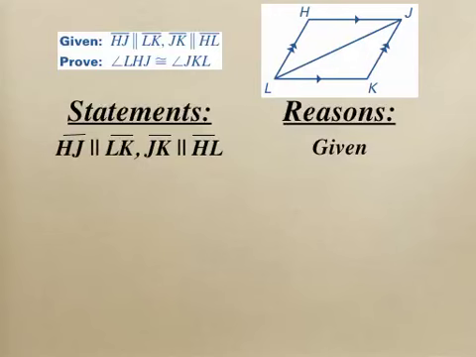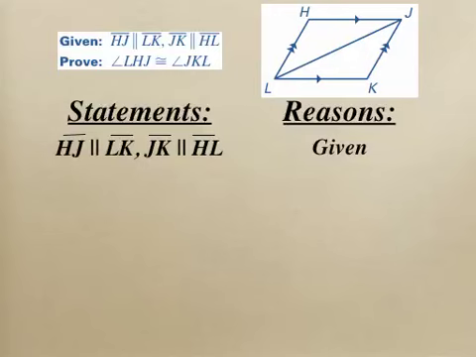That would be one thing that would pop out to us, hopefully, and because they're sharing the side LJ, we can use the reflexive property and say LJ is congruent to LJ, because those 2 would be corresponding sides of the triangles. And if corresponding sides are congruent, then that can help us prove that we have congruent triangles.